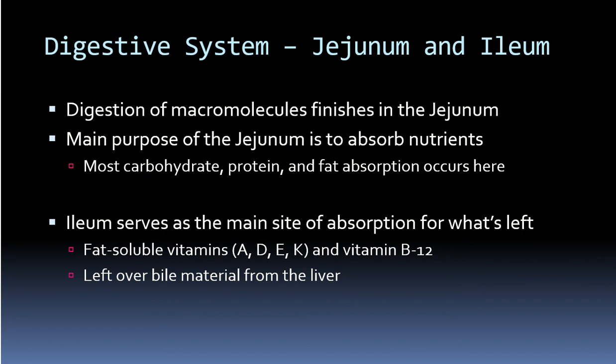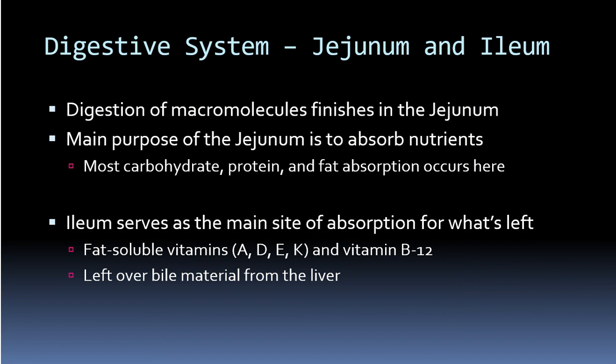The main purpose of the jejunum is to actually absorb nutrients, where the duodenum's main purpose was to do the majority work of digesting food material. The jejunum's main purpose is to absorb, and just absorb more and more. Within the jejunum, carbohydrate fragments, protein fragments, fat fragments will be absorbed.